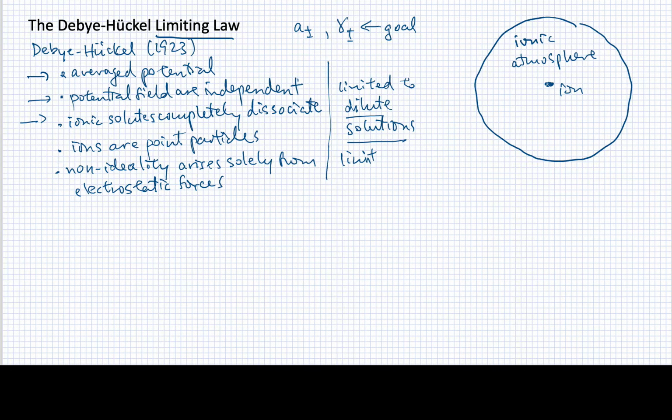This was the first target of the Debye-Hückel theory: to define this and to establish something that was related to the size of this ionic atmosphere, which was related to a parameter they called kappa. This kappa has a unit of 1 over length, so 1/κ is essentially the effective ionic radius. This 1/κ, by the way, is also called the Debye length.